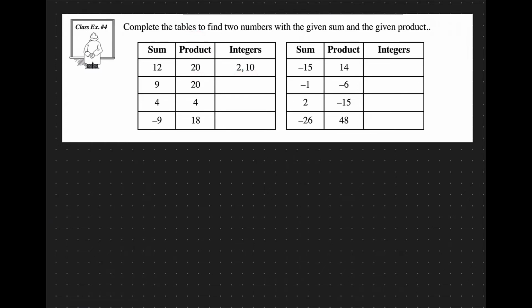Okay, so the reason they're doing this is basically this first example would be set up something like this, where it'd be x plus 2 and x plus 10. So notice that when we take the 10 and the 2 and we add them together, we're getting 12.